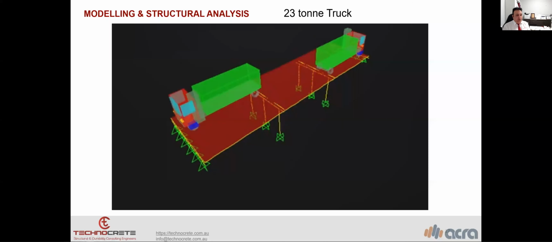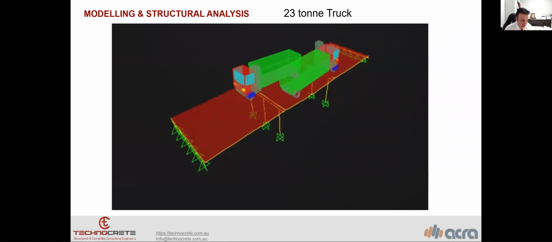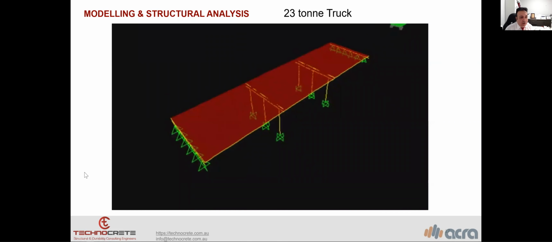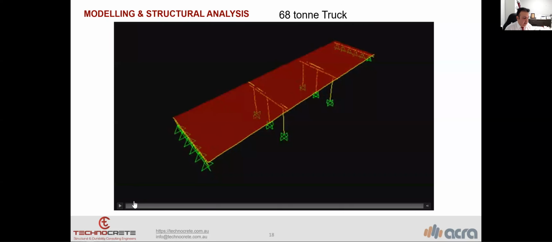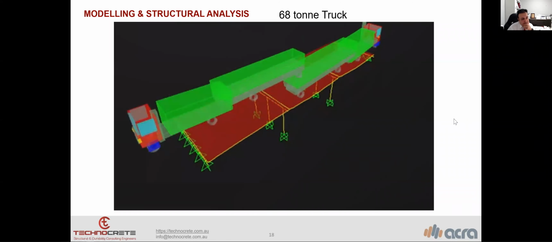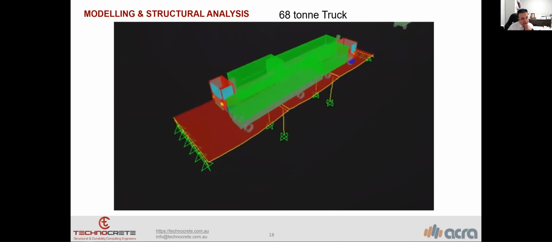This is the 23-ton, and you can see the deflection, which is acceptable. And this is the investigation of the 68-ton truck. Then you can see excessive deflection.